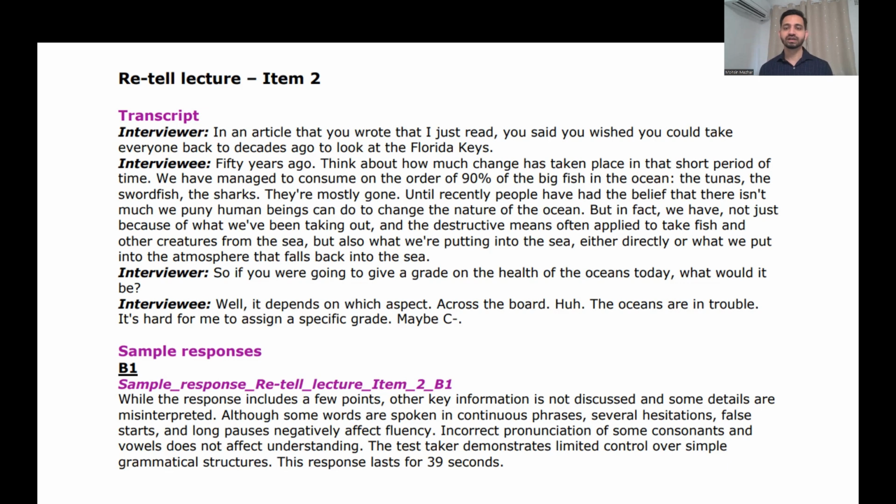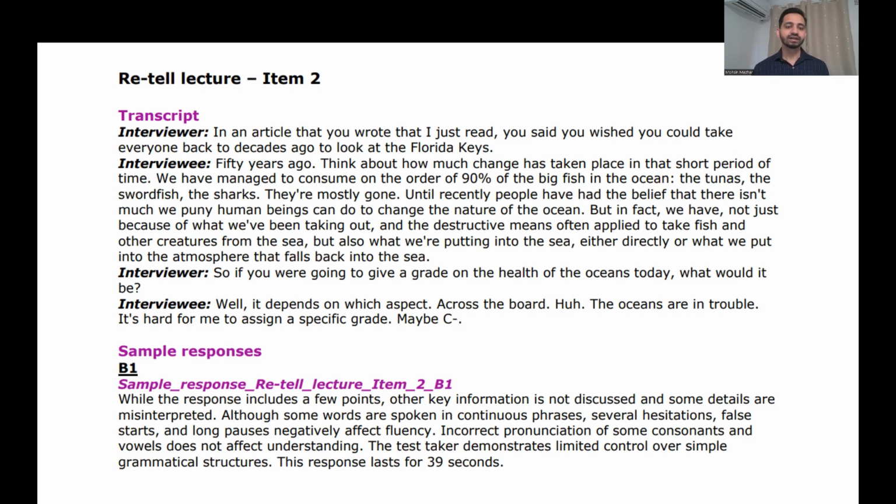Until recently, people have had the belief that there isn't much we puny human beings can do to change the nature of the ocean. But in fact, we have, not just because of what we have been taking out and the destructive means often applied to take fish and other creatures from the sea, but also what we are putting into the sea, either directly or what we put in the atmosphere that falls back into the sea.